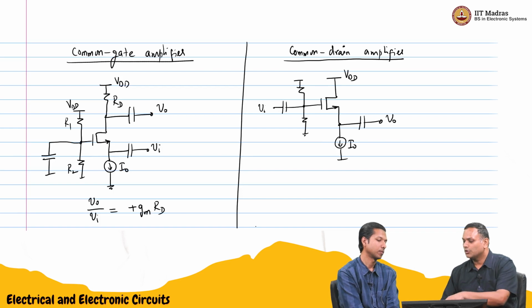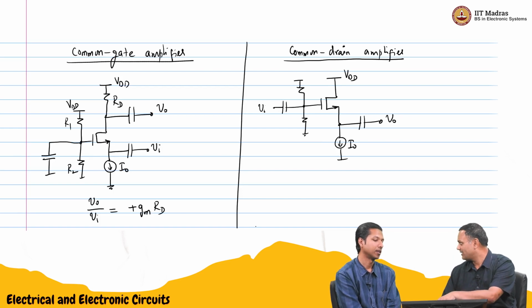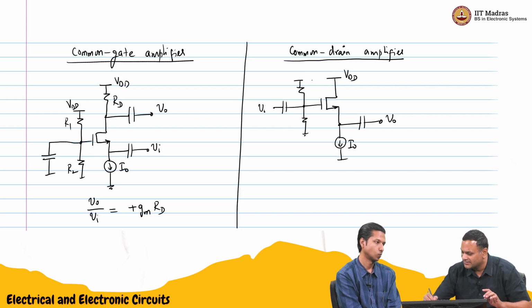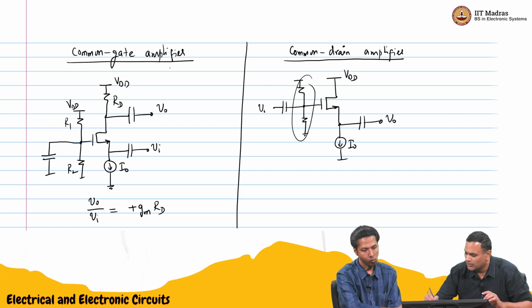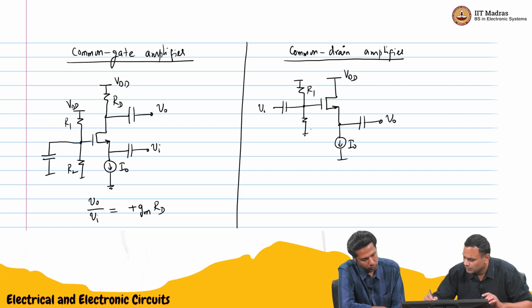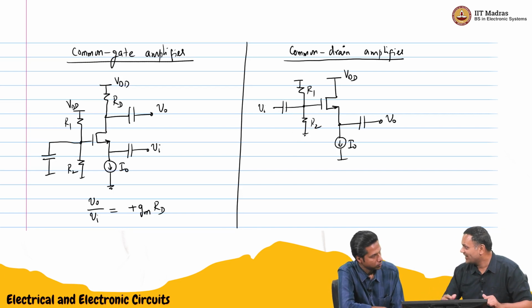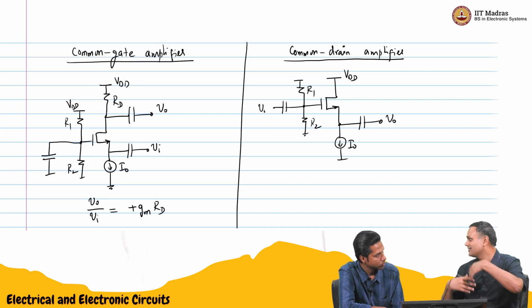The bias current through the device is set by the current source I0. The bias voltage at the gate is decided by this resistive divider. You need to choose R1, R2, VDD and I0 such that the device is deep into saturation.